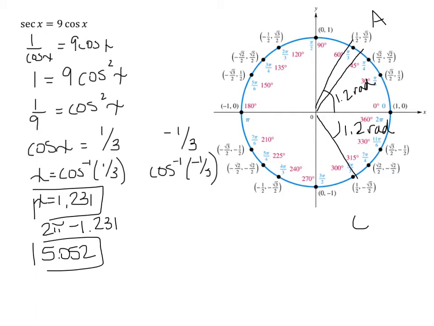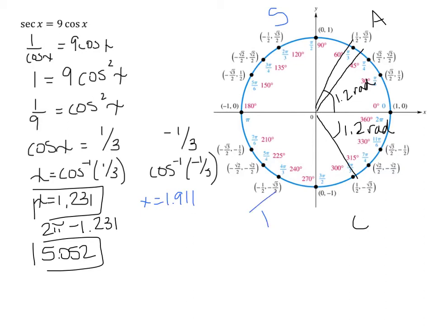I'm not done though, because I still have to take the inverse cosine of negative 1/3. When I put that into my calculator, I get that x is equal to 1.911. Again, that's in radians. Cosine is going to be negative in these two.